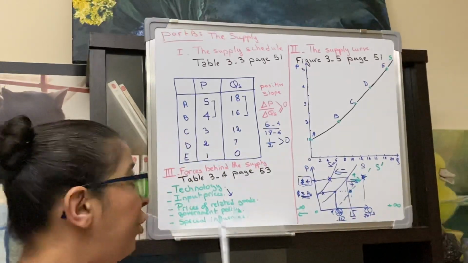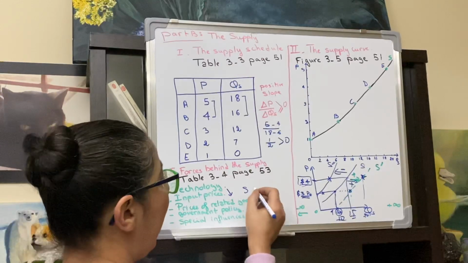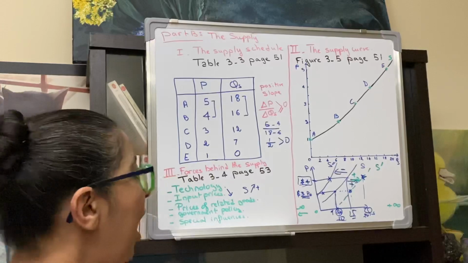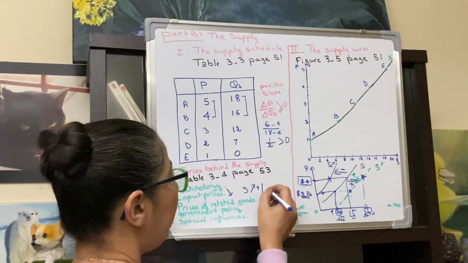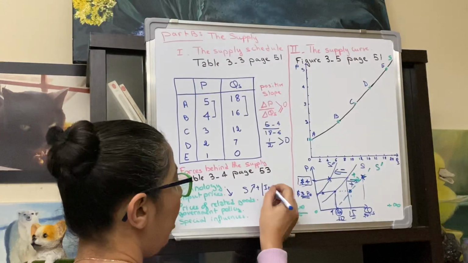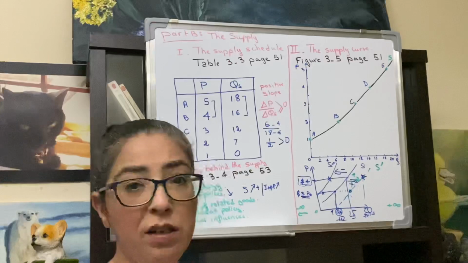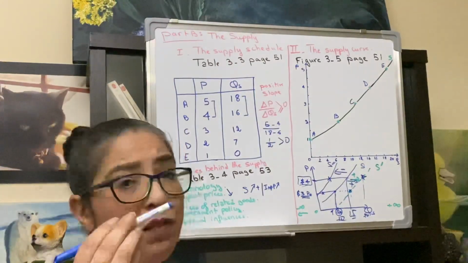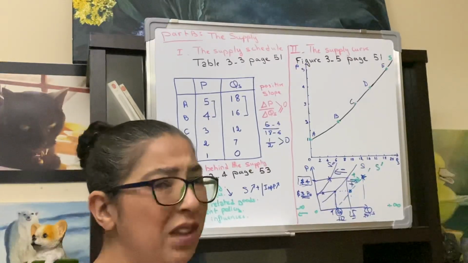So when the input prices decrease, the supply increases, shifts to the right. Now imagine the contrary. The input prices increased. So now it costs $2, the plastic that I'm using here. So if it costs $2, at $3, I'm only making $1 of profit.